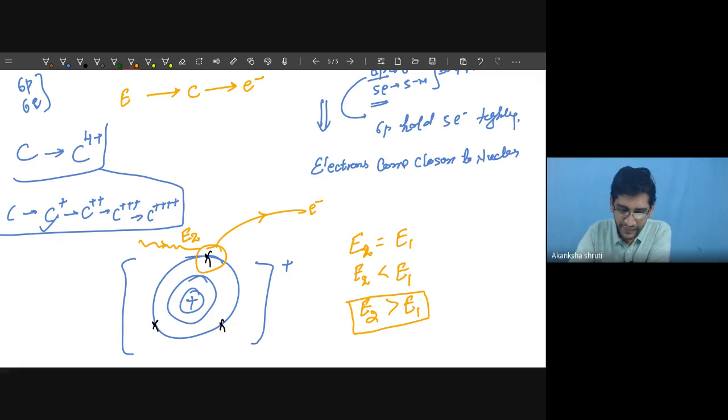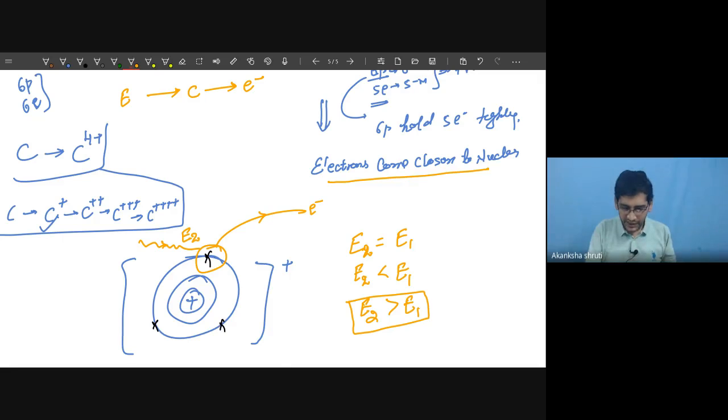Here I have written: electron came closer to the nucleus, meaning now more force of attraction. Now you know that if your friend is holding a biscuit very strongly, you cannot snatch it, but if he is just holding it in an open hand, you can quickly snatch it. It is like that.